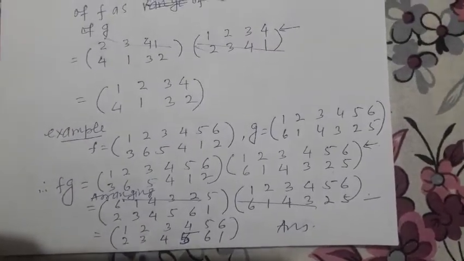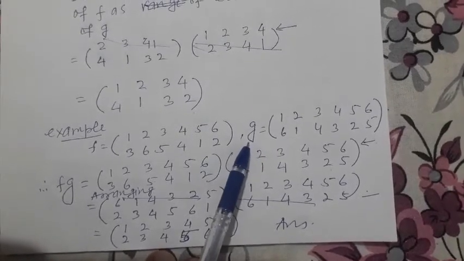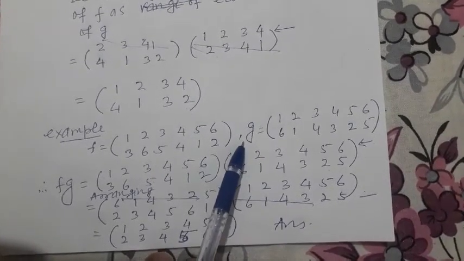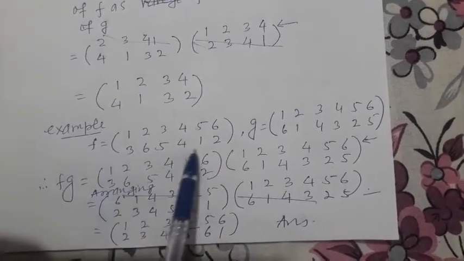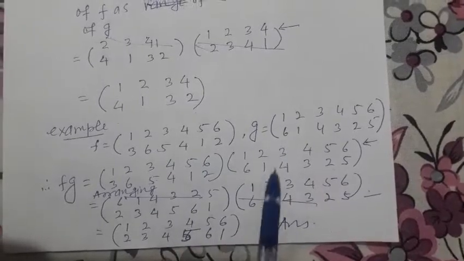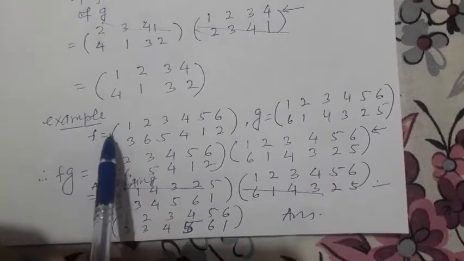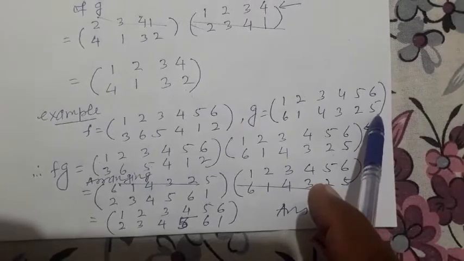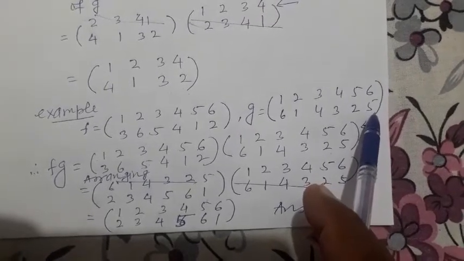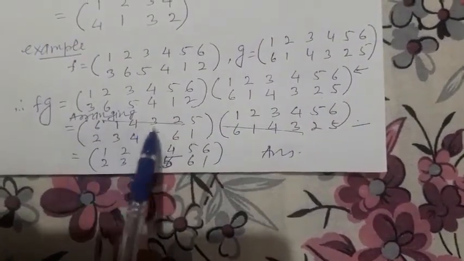We can understand by another example. f and g are two permutations on the set of first six natural numbers, f defined this way and g defined this way. Rearranging the domain of f according to the range of the codomain of g, 6, 1, 4, 3, 2, 5.